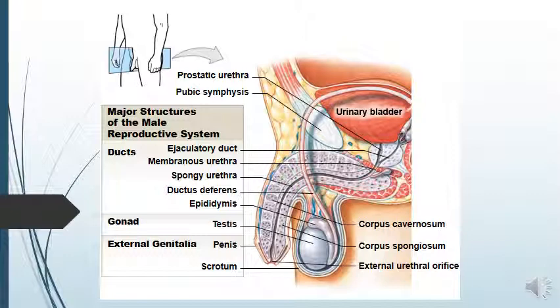However, there are accessory organs, the seminal glands, the prostate gland, and the bulbourethral glands, and they secrete various fluids into the ejaculatory ducts and urethra. The external genitalia consist of the scrotum, which encloses the testes, and the penis, and the distal portion of the urethra passes through the penis.